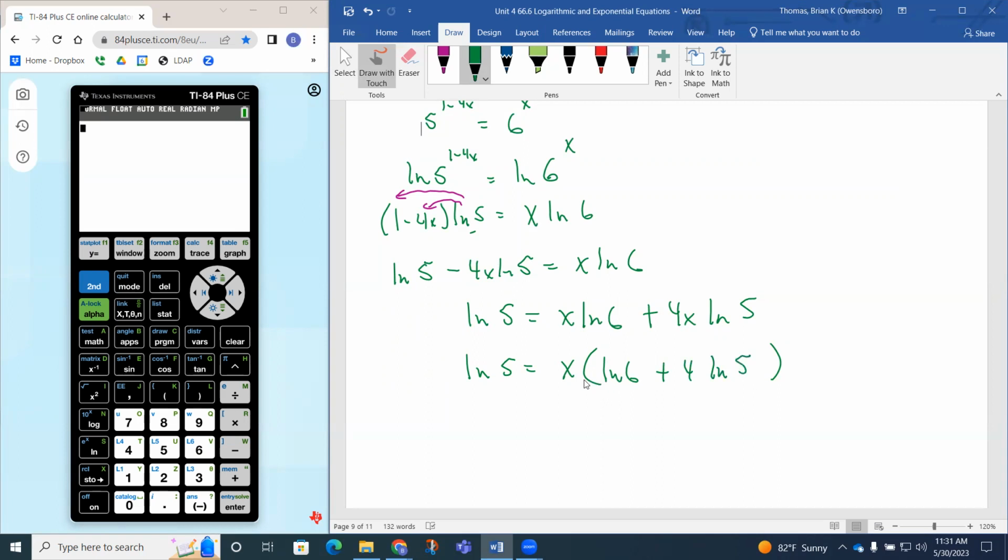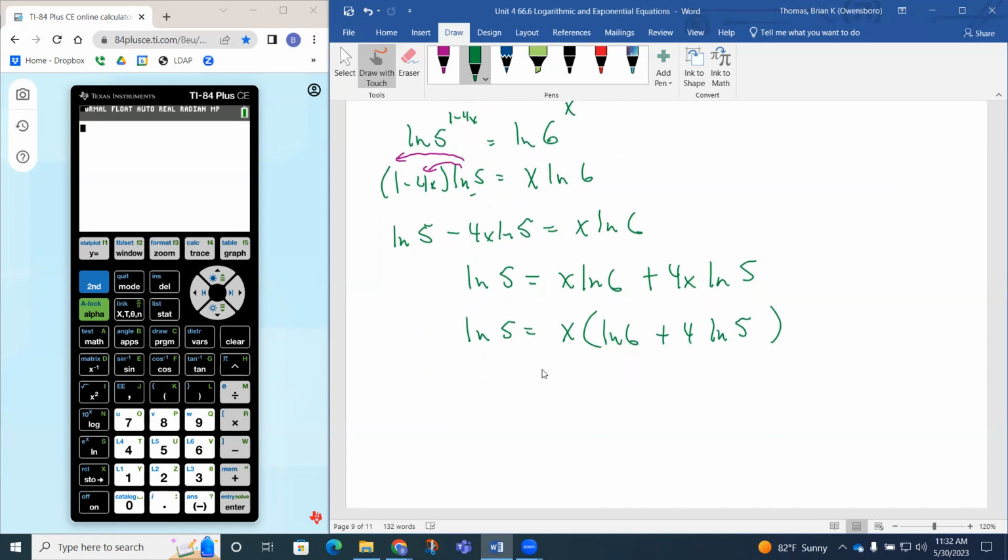So remember, when you factor it out, you're essentially dividing it out. So if you divide the x by x, it's just going to divide out and become a 1, which leaves you the natural log of 6. And when you divide the 4x natural log of 5 by x, the x's divide out and leaves you this 4 natural log of 5. So when the x comes out, it disappears from the terms inside there, if you will.